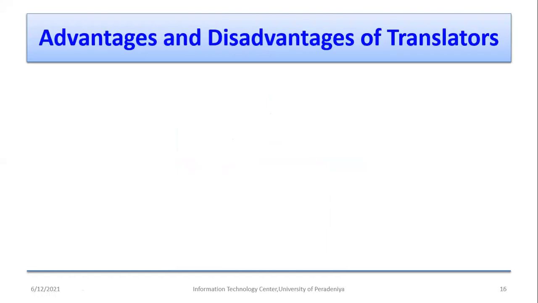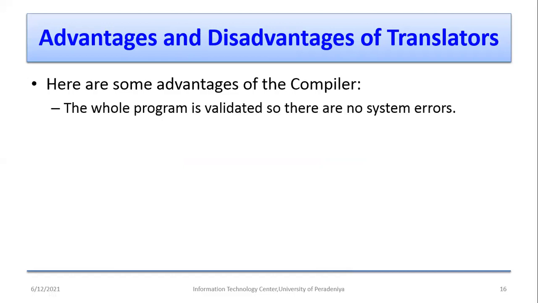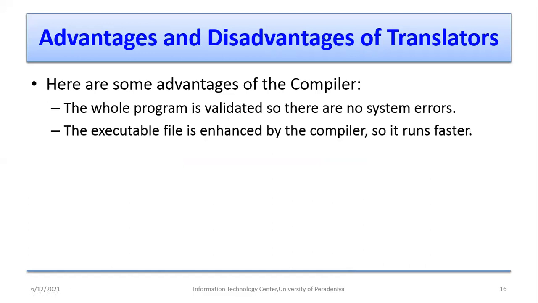Right? So you have to identify the difference between compiler and interpreter. There are some advantages and disadvantages of the translator. So here are some advantages of the compiler. In a compiler, the whole program is validated, so there are no system errors, because the compiler takes the entire source code at once and converts it into the machine code, right?